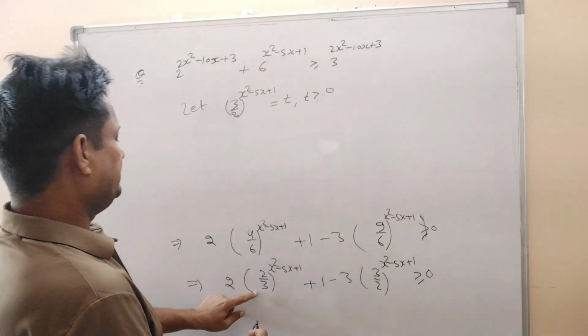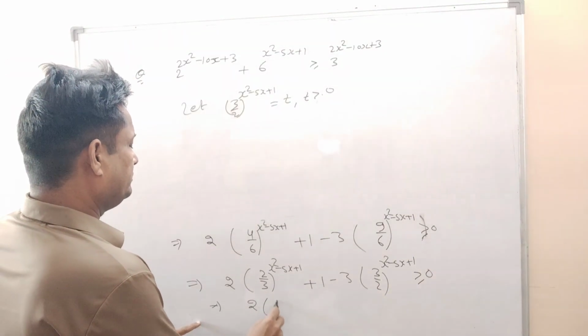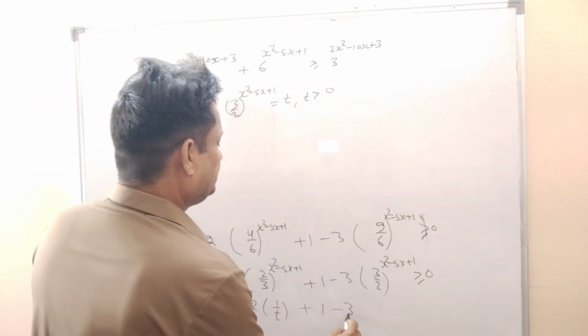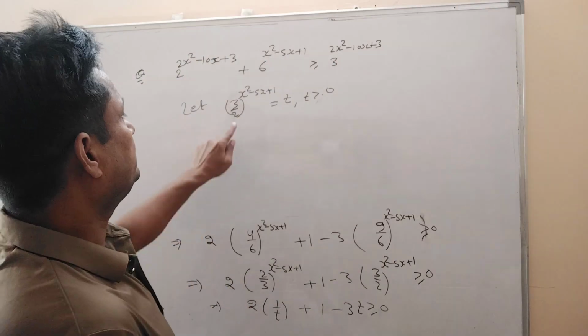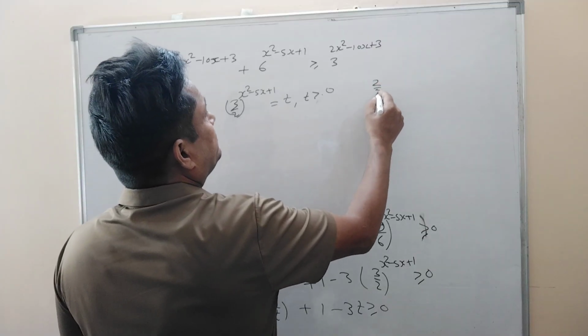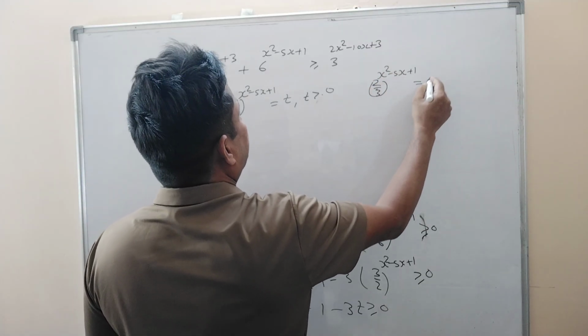So this can be written as 2 into 1 by t plus 1 minus 3 times t greater than or equal to 0. Because if you substitute 3 by 2 to the power this one, then 2 by 3 to the power x square minus 5x plus 1 will be 1 by t.